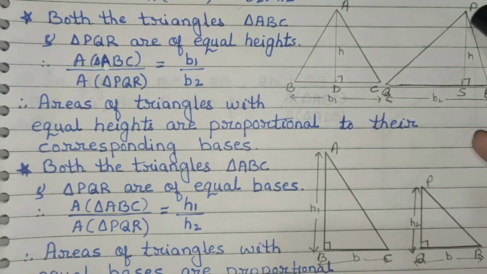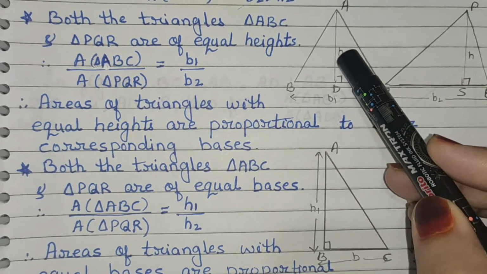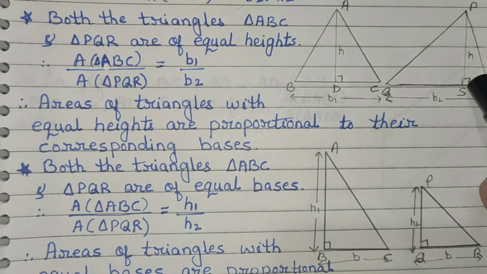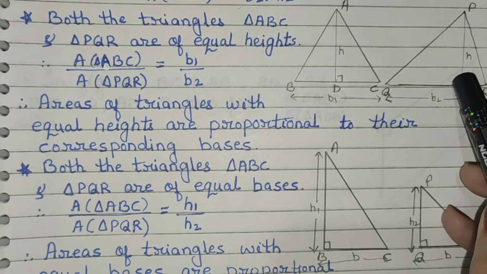Now look at next point. First look at the figures here. Triangle ABC base B1 and height is H, and base of the triangle PQR is B2 and height is H. Now look at here. Both the triangles ABC and PQR are of equal heights.